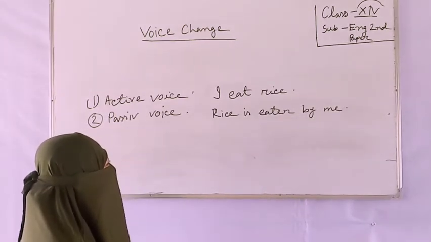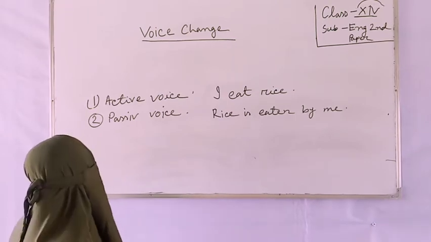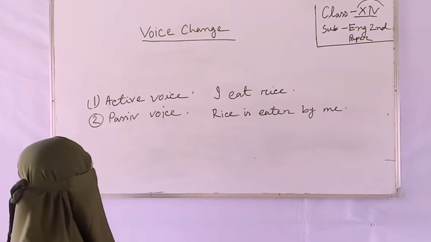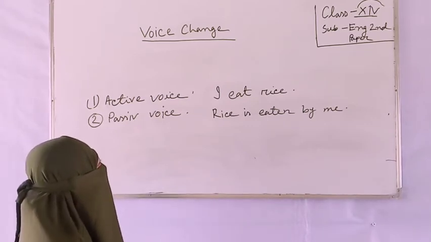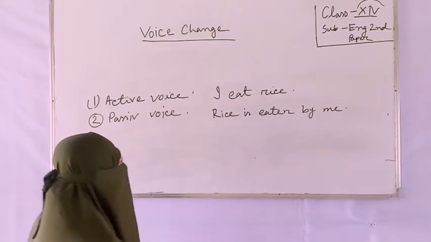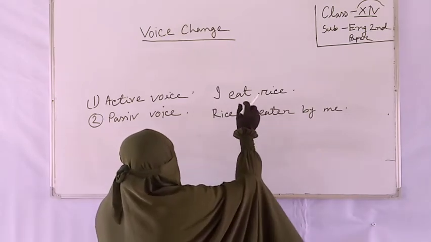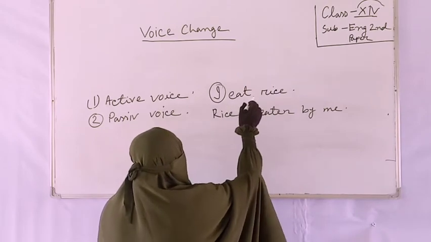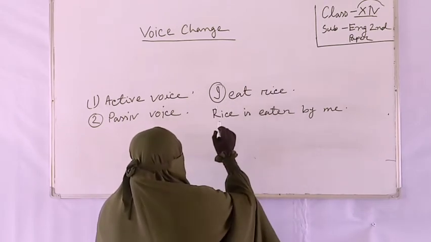Look, students, here in my definition I said that in active voice the subject is the doer or actor. In this example we can see that this I is eating rice.